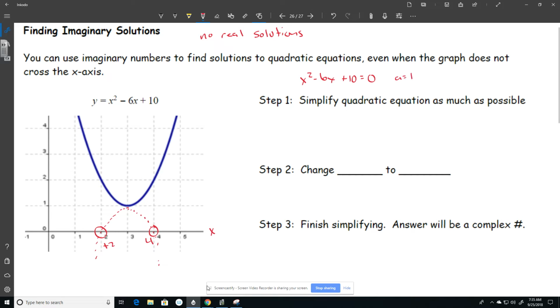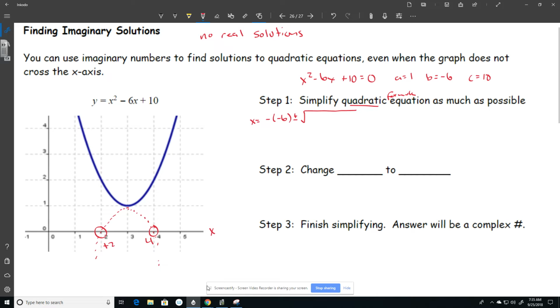First of all, a equals 1, b equals -6, c equals 10. So I plug those into the quadratic formula. And I'm going to put formula right here, because sometimes when I say equation, you're not sure what I mean. So we're talking about that formula. x equals -b, which is -6, plus or minus the square root.